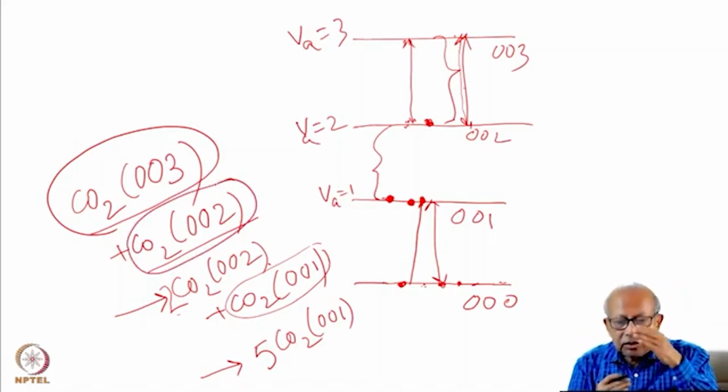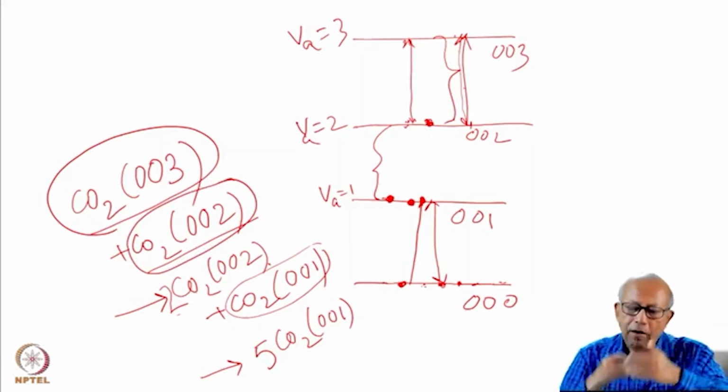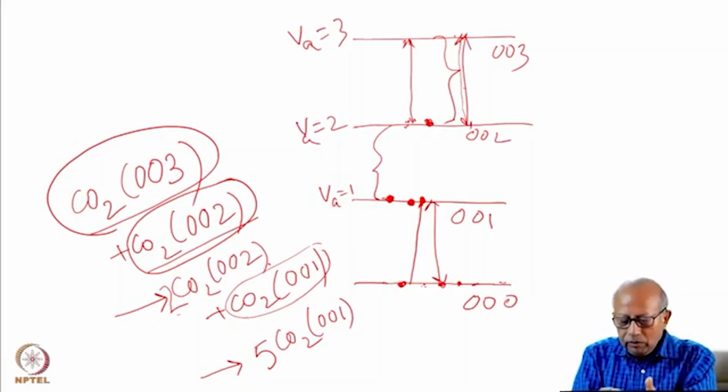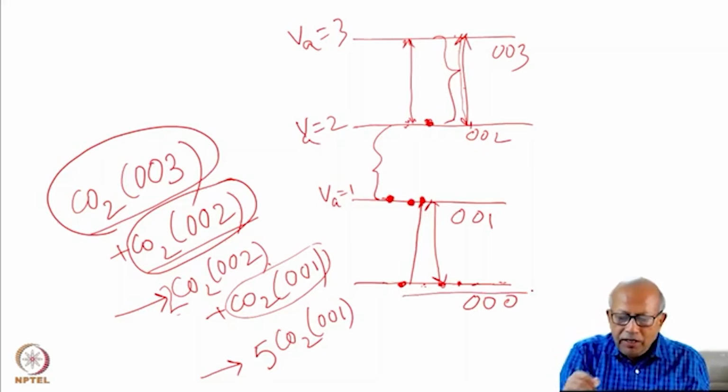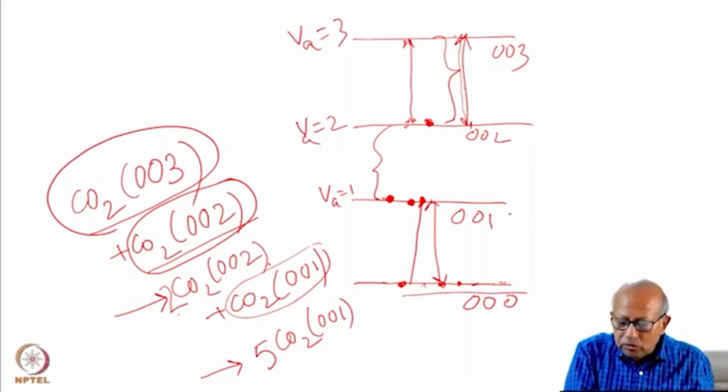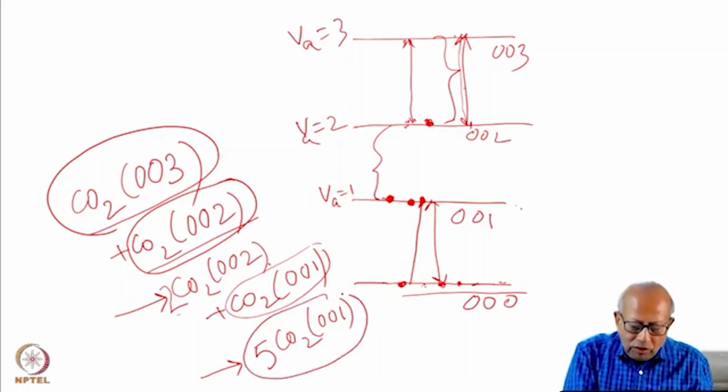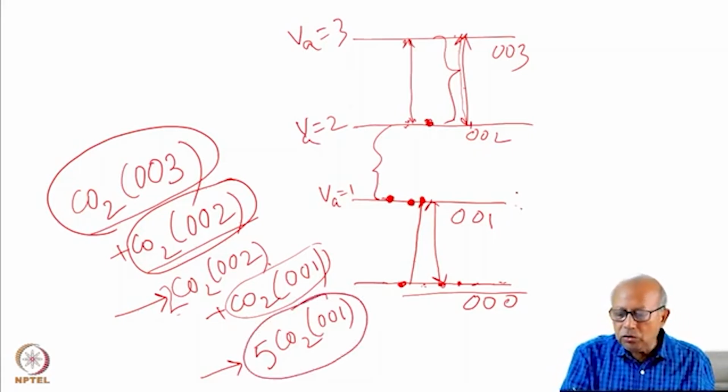They exchange vibrational energy among them, colliding with other molecules in different states, including molecules in the ground state. And finally, they relax to this state, 0, 0, 1. You have now 5 carbon dioxide molecules in 0, 0, 1 state.